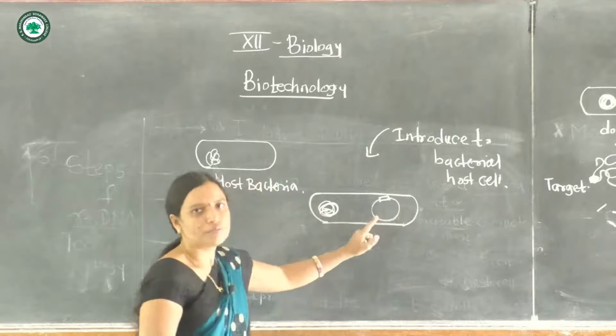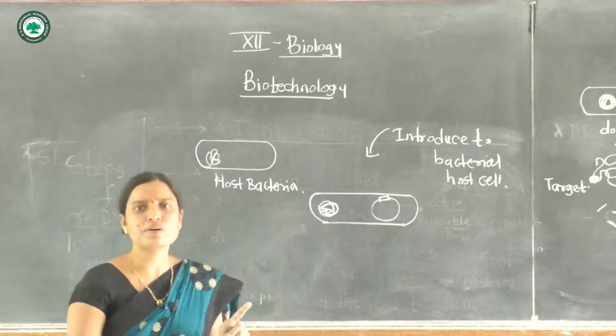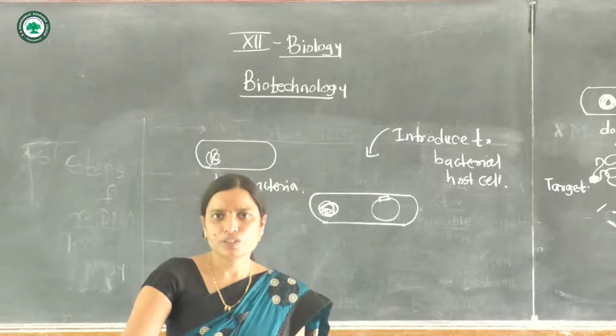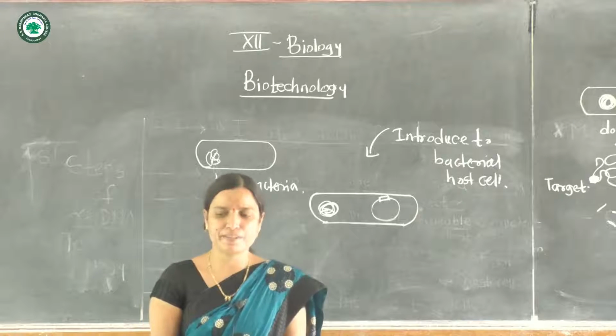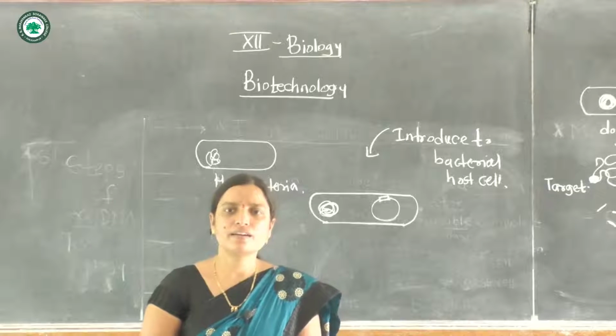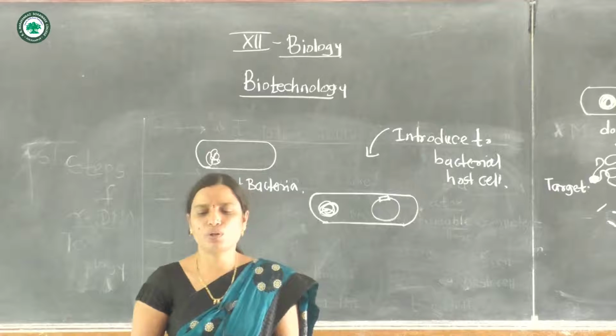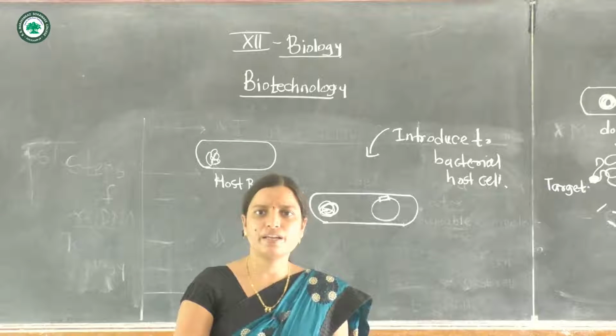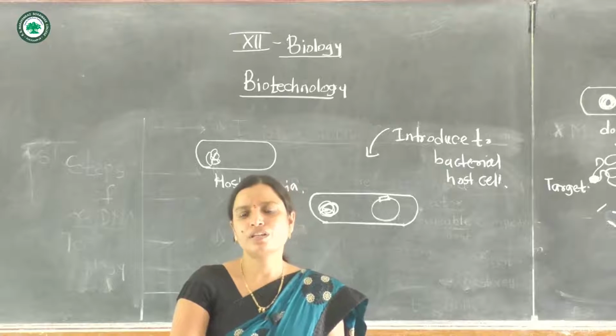Now the DNA is transferred through the vector to the target bacterial cell. Now the host cell contains the DNA molecules, and later comes the identification and amplification of the DNA.